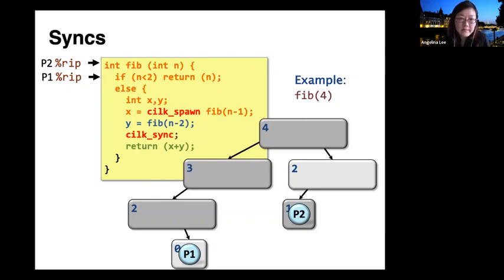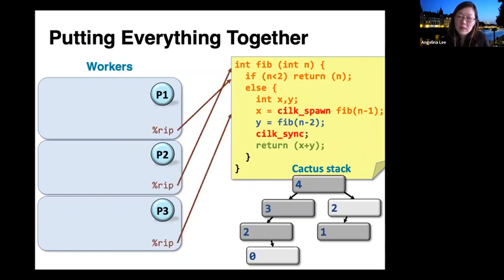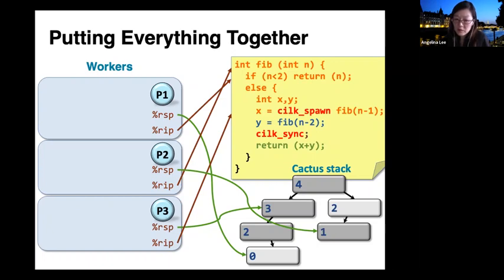from the subroutine. Okay. And so putting everything together, right, there are multiple things that we need. First of all, each worker has its own execution context that it needs to keep track of. In particular, it needs to know where it is in the execution. It also needs some stack view corresponding to its current execution.